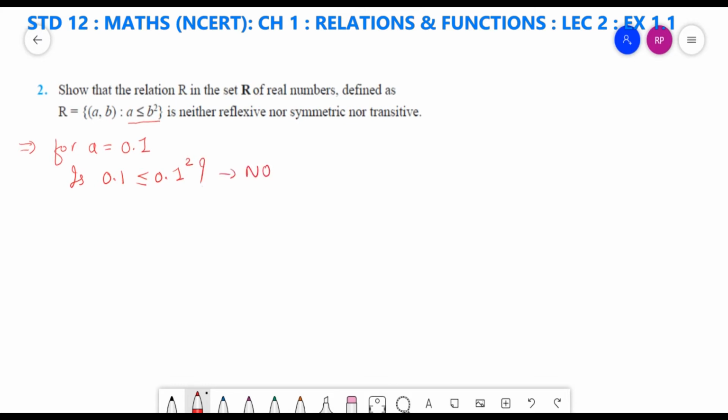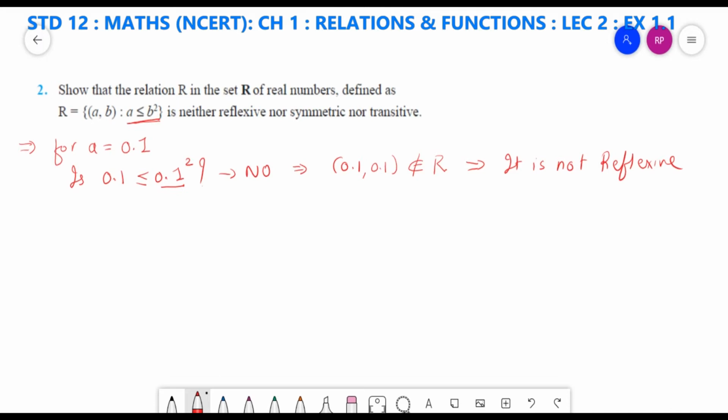No, because 0.1 square is equal to 0.01, so 0.1 is greater. This implies that the ordered pair (0.1, 0.1) does not belong to R because it is not satisfying a less than or equal to b square. So this implies that it is not reflexive.